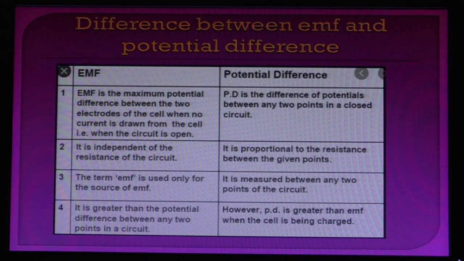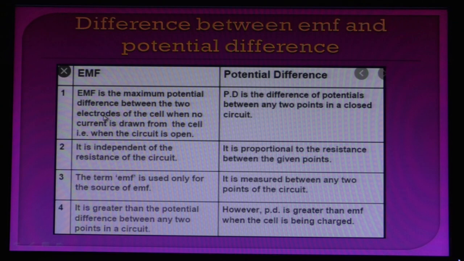In order to understand the difference between EMF and potential difference, because both of them have the same unit, that is volt, then what is the difference between them? EMF, students, is the maximum potential difference between the two electrodes.